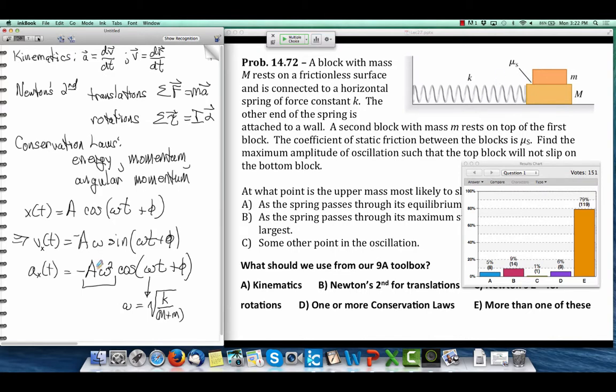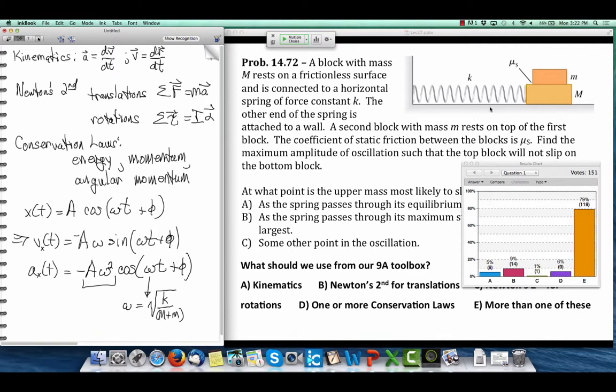and the acceleration that's needed gets bigger and bigger as the amplitude gets bigger. And so if there's a maximum acceleration that this friction force can supply, then there's a maximum amplitude beyond which the top one will slip.